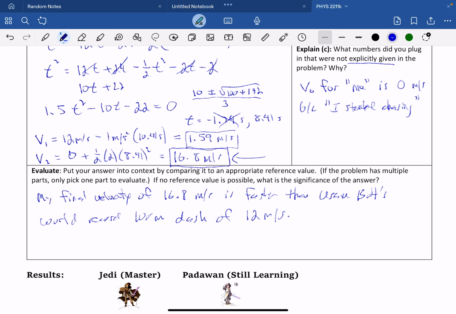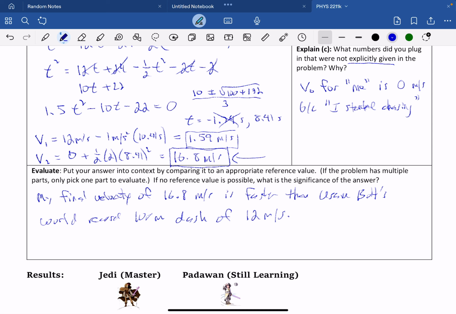So this problem says I was running at 16.8 meters per second, which is silly. There's no way I can run that fast, so the problem is actually impossible. I would not have caught the train in 70 meters, and I would not have been able to continue accelerating 2 meters per second squared the entire time.